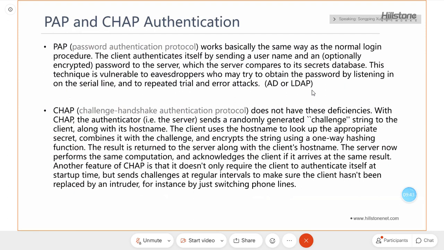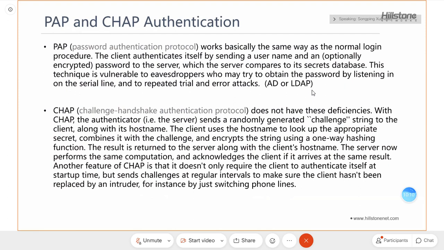So this is vulnerable to intruders who may try to obtain the password by listening in on the serial line and repeating trial and error attacks through the PAP protocol. So PAP is commonly used if the authentication server is an AD server or LDAP server.